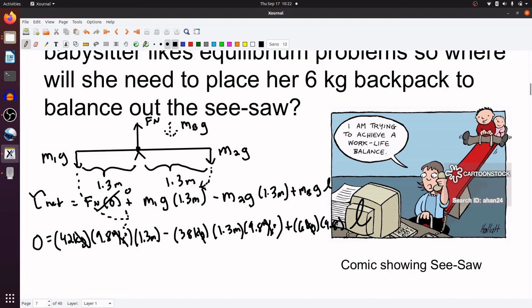Let's see here. 38 times 1.3 times 9.8. And then I subtract my 42 times 9.8 times 1.3. Okay. And then I'm going to divide that by 6 and divide that by 9.8. And I get negative 0.87.